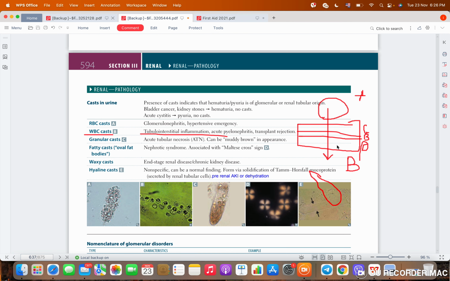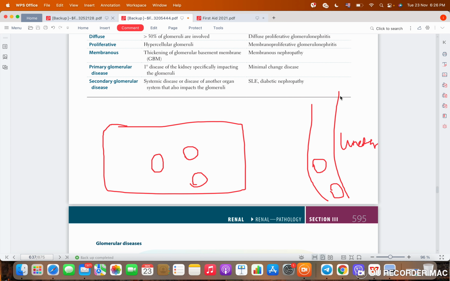Are you suspecting an upper or lower bleeding? Tell me, if the RBC is intact, is it an upper or lower bleeding? Yeah, if it's intact with no problem, it's lower.